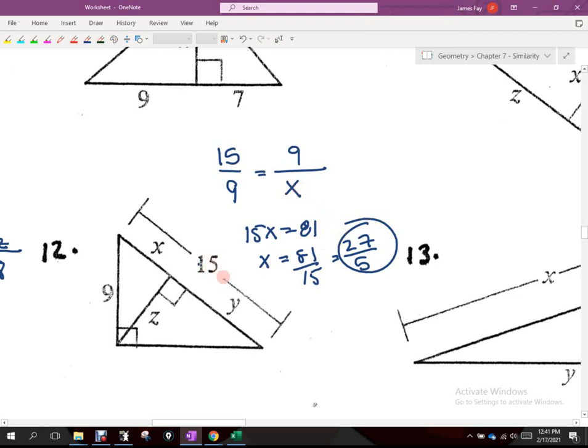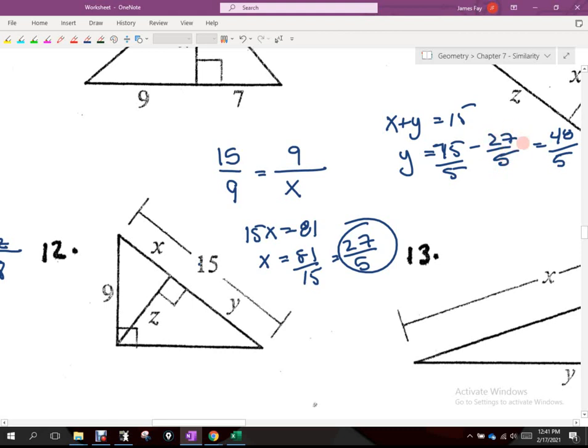Do I know what y is automatically now? Well, you told me x plus y was 15 a minute ago, didn't you? So 15 minus 27 fifths. That's 75 fifths minus 27 fifths, so that would be 48 fifths.